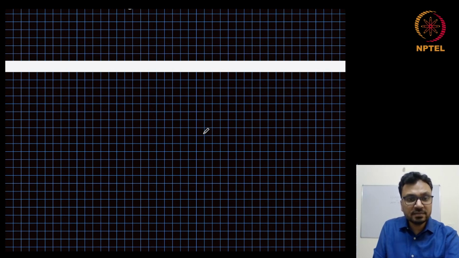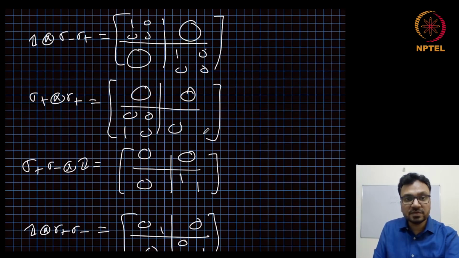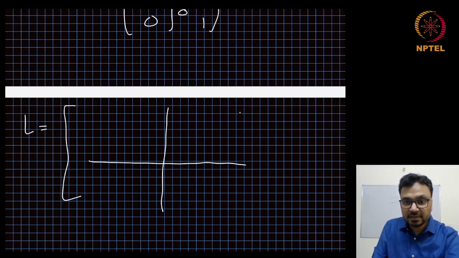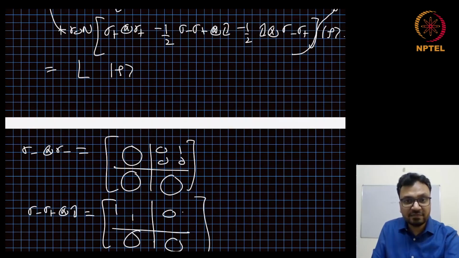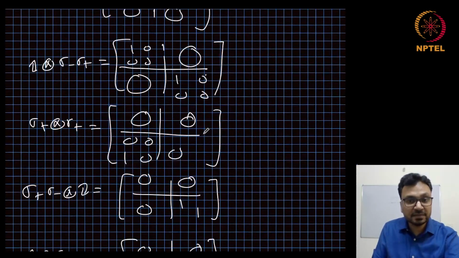Now we have all the operators we wanted, so our L becomes a big matrix. The first term is sigma minus tensor sigma minus with a coefficient gamma naught (n plus 1). The second is minus half times sigma plus sigma minus tensor identity, and minus half times identity tensor sigma plus sigma minus.